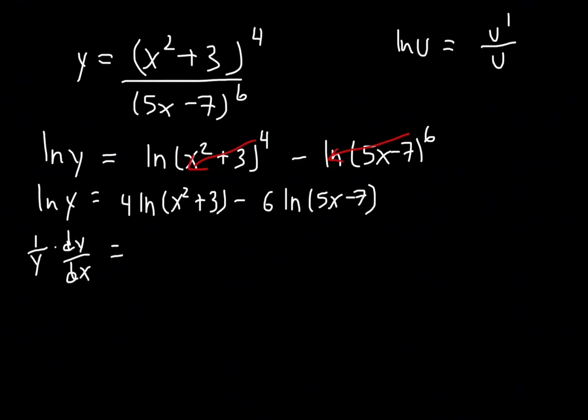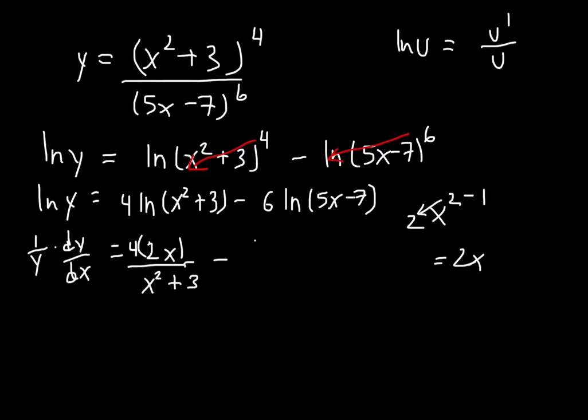So the derivative of that is simply, for x squared, minus 1, bring down the 2, so it's just 2x. That's the derivative of x squared. So we'll apply it here. The derivative of x squared plus 3 is just 2x, since 3 is a constant, all over x squared plus 3. And then we multiply by 4.